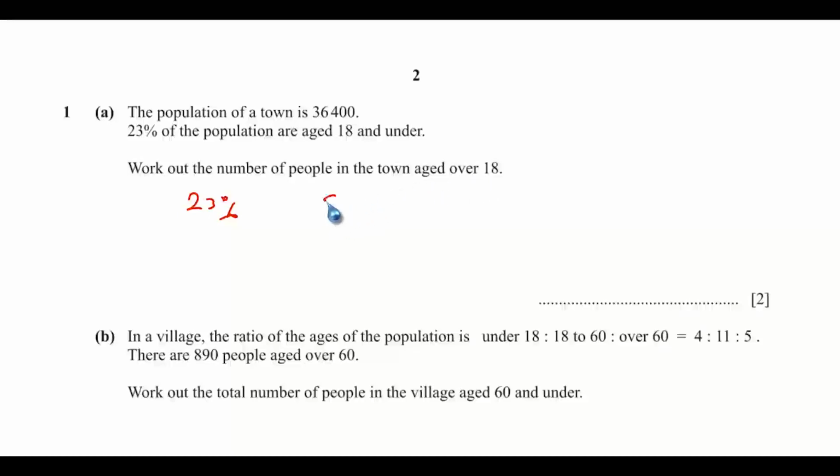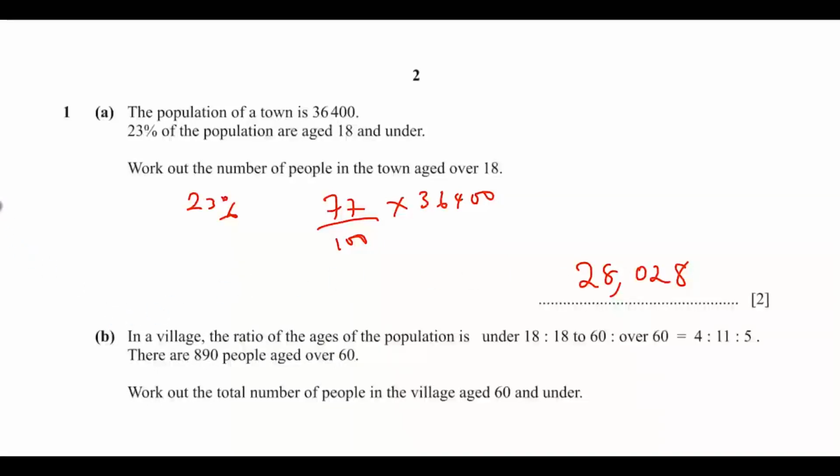We're going to do 77 over 100, then times the total population, 36,400. This is Paper 2, so a calculator is allowed. You input this into your calculator and get the final answer to be 28,028. That will be the number of people in the town aged over 18.